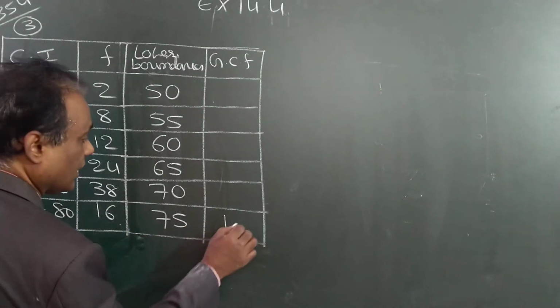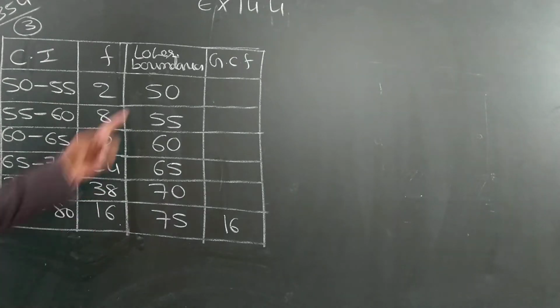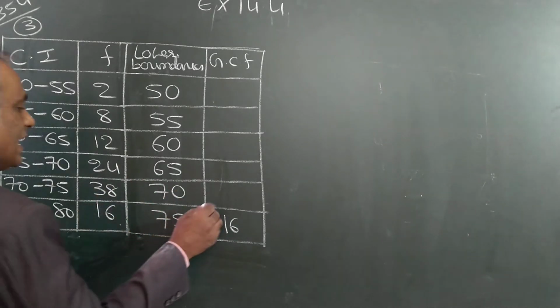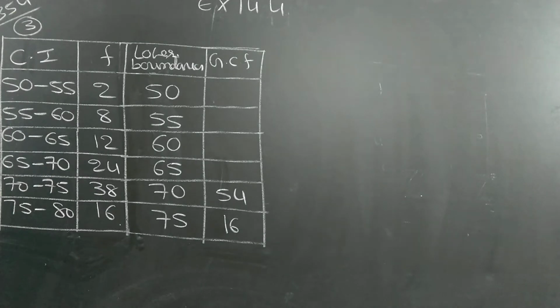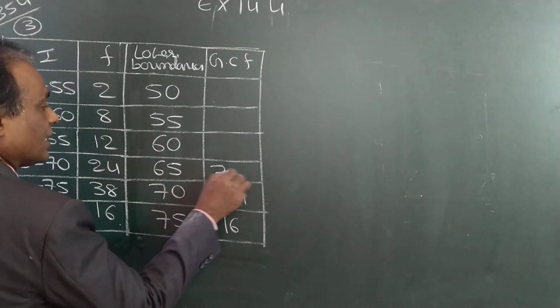This is 16. Frequency is 16. This is the frequency table. These are the lower boundaries. Frequency is 16. 16 plus 38 is 54. 54 plus 24 is 78.